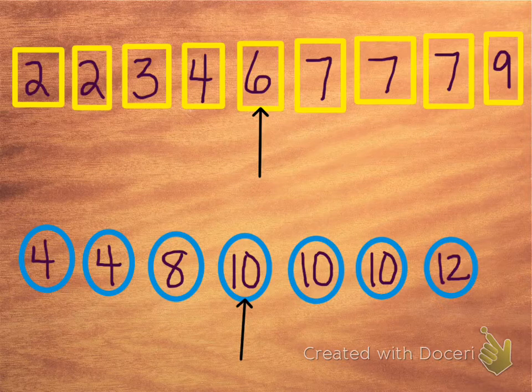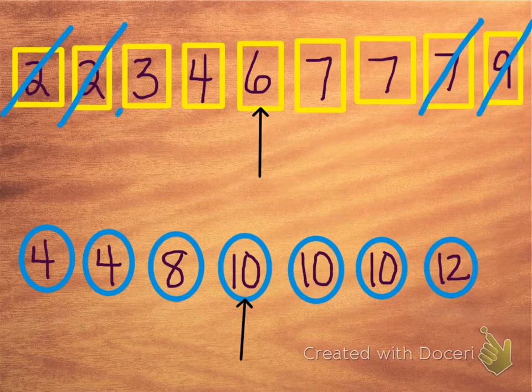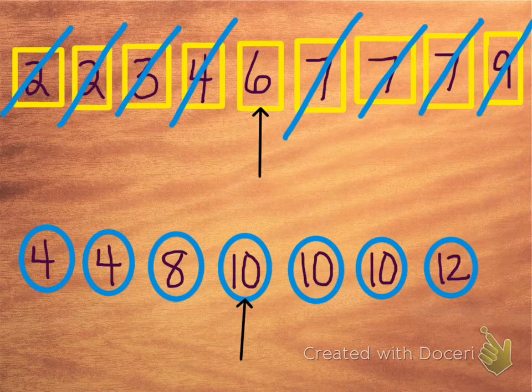If we were to start at each end and cross off a card, and then we go to the next one and cross off, and then we go to the next one until we end up with one card in the middle, our median for this data set would be 6.